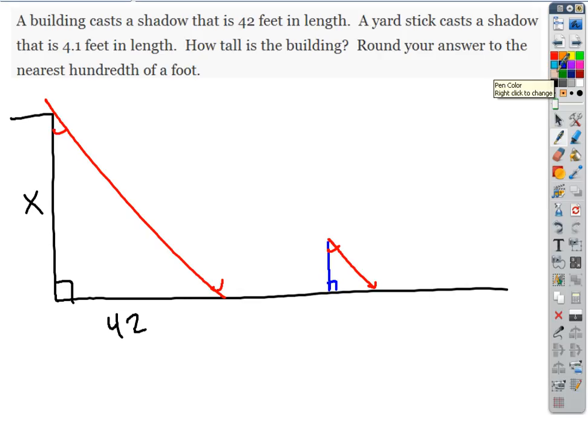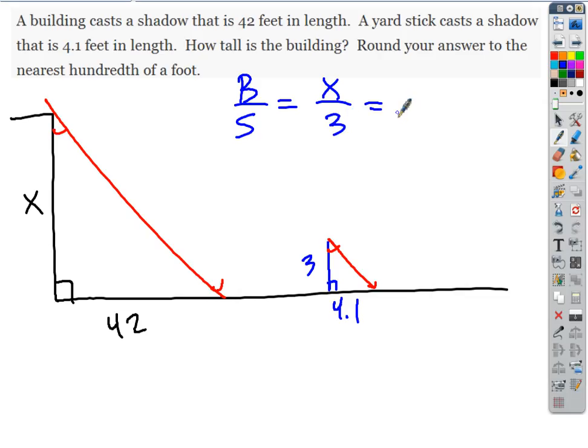And if the shadow is 4.1, then we've got corresponding parts. So we could say, for example, big to small is the same thing as saying x over 3 or 42 over 4.1, sure. Okay.